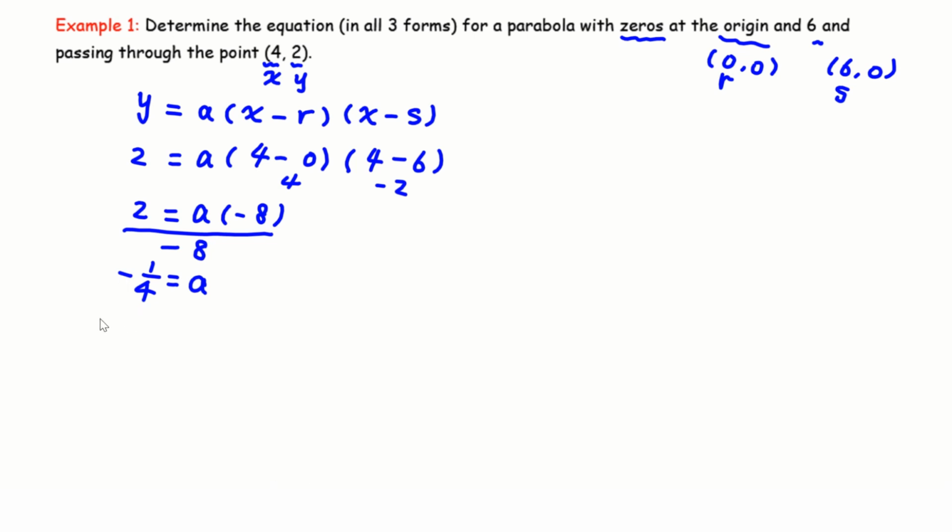Then we could write y equals, we sub in a, r, s to the equation. So a is negative 1 over 4, and we are going to keep the x here. So x minus r, x minus s. This is your factor form.